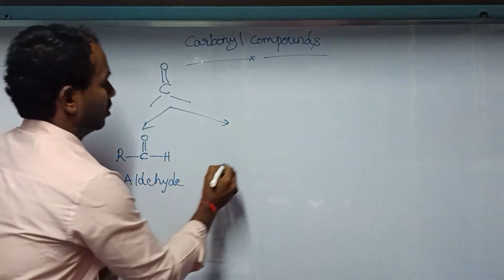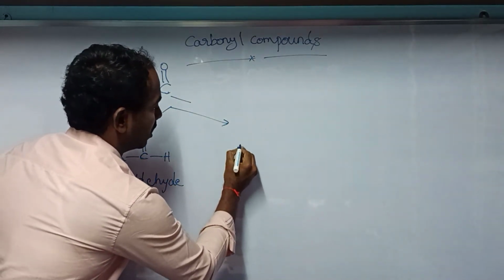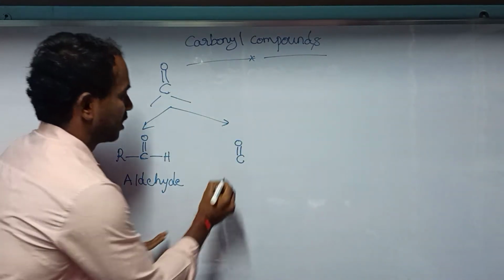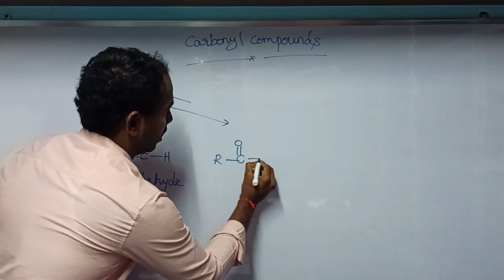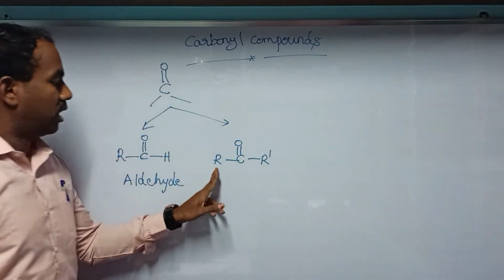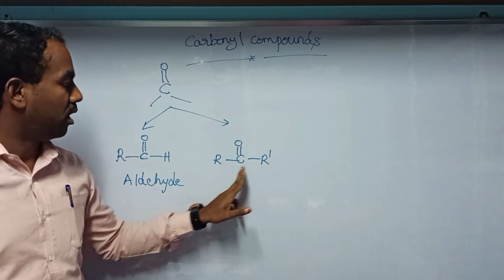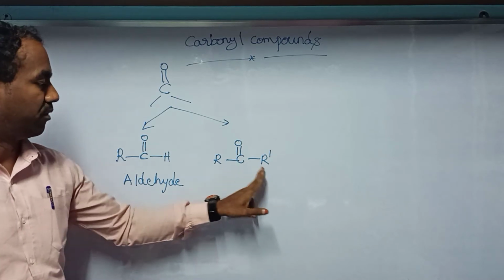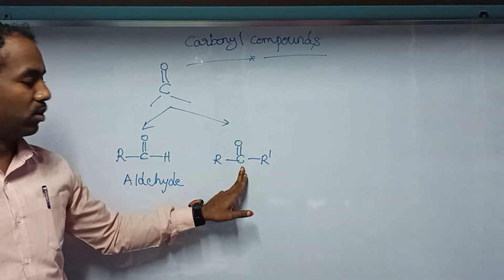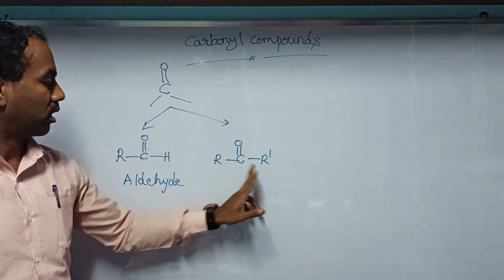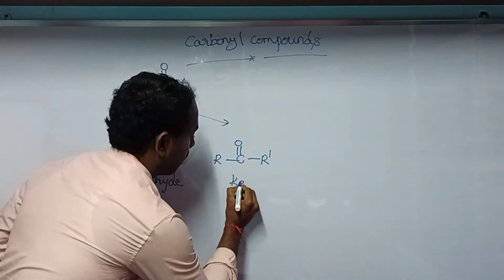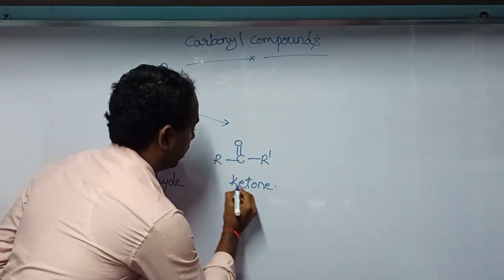Next, ketones. In ketones, the C double bond O functional group is connected on both sides to alkyl groups. The alkyl groups might be same or different. If the carbonyl functional group is connected to two alkyl groups, then it is known as ketone.